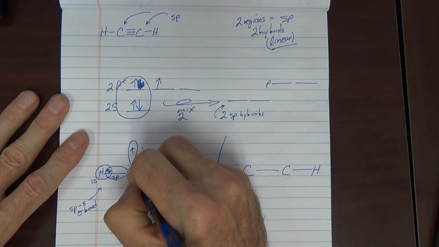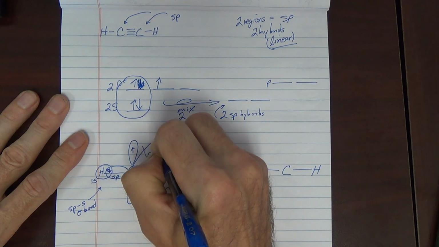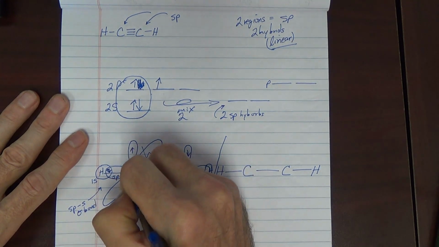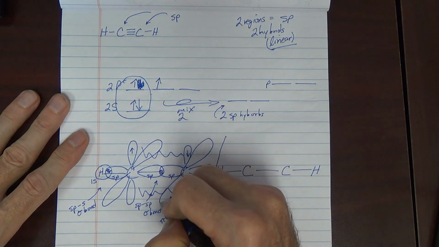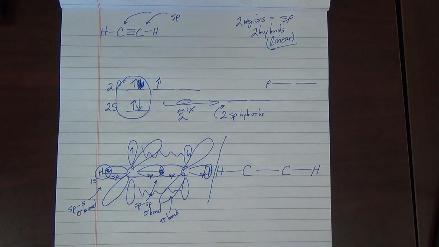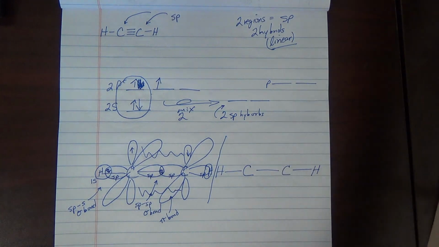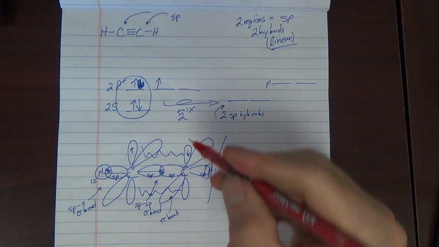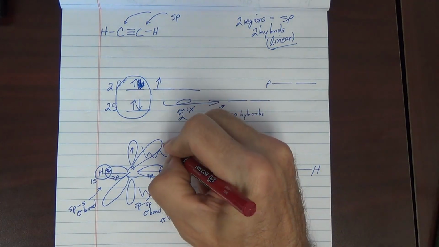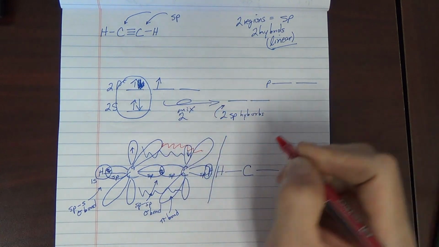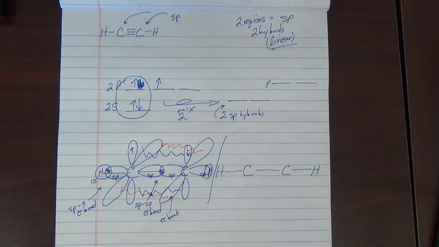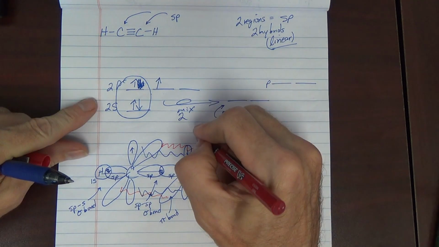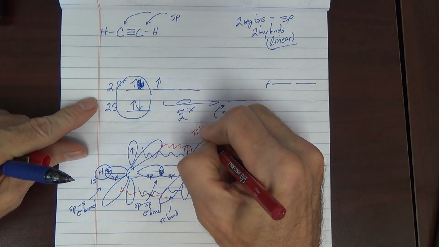The best way is to throw another one on here. Sort of like this. And it gets a little convoluted, but now this orbital is interacting with that, and this orbital is interacting with that. And that is another pi bond.